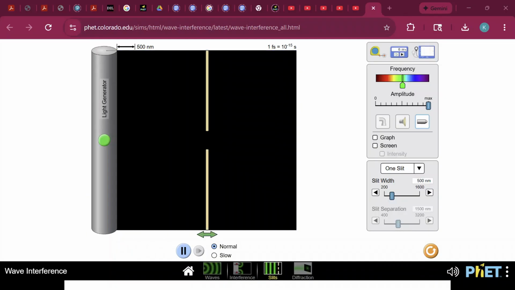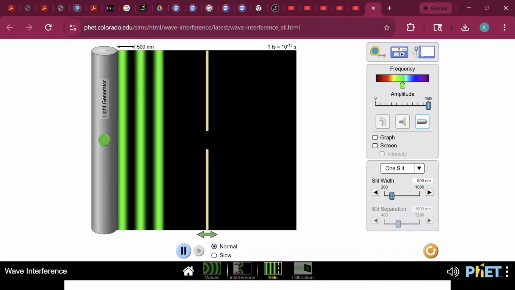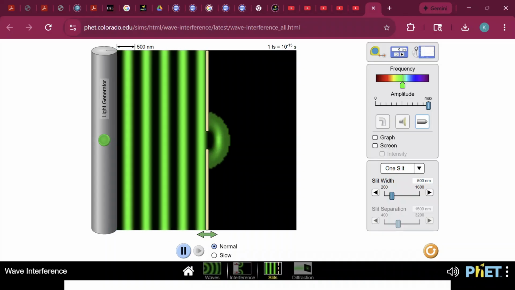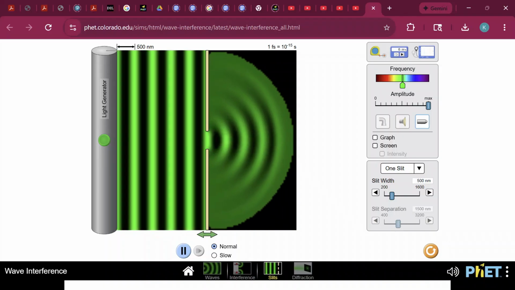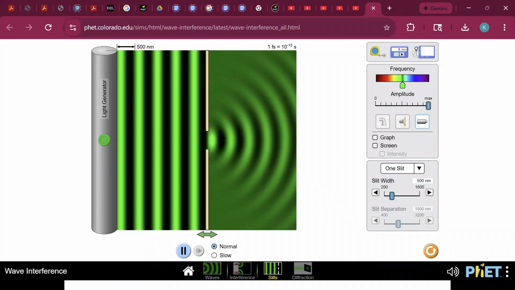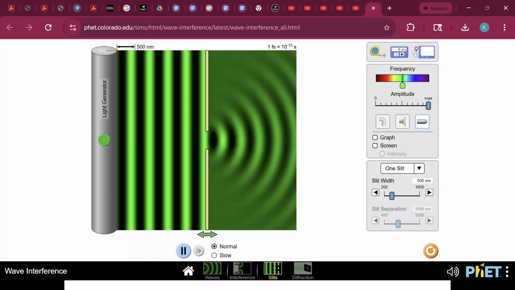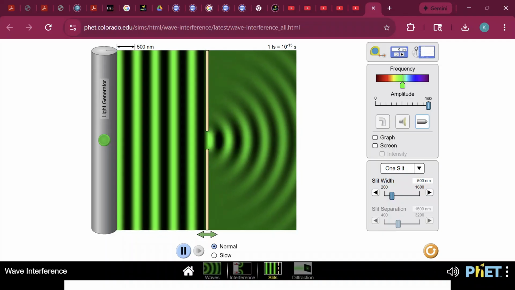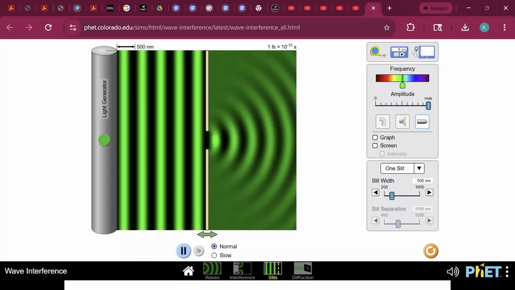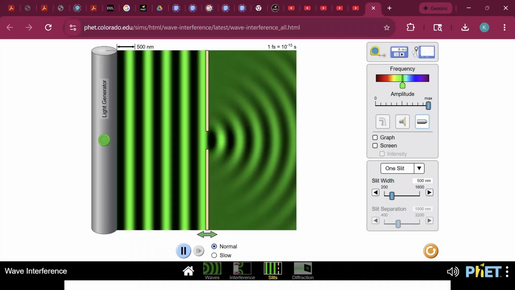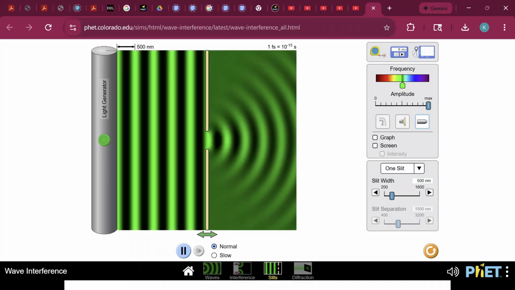Here, what happens if I have a single slit? I've got those planar wave fronts. I've got this long plane wave, and I can see that it is spreading out going through this single slit right here. I can see that it's most intense at the center, but I have light on the other side of the barriers because of that spherical diffraction pattern.